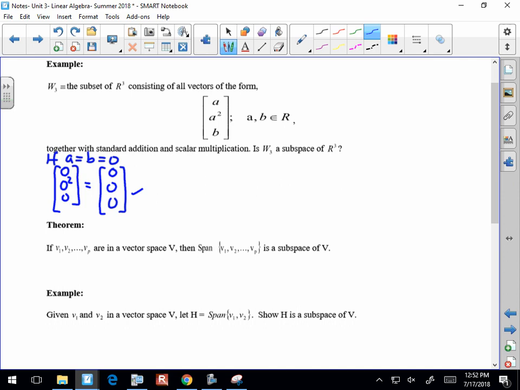I'll do the scalar next. If I take some value C, does C multiplied by an element of W3 still belong to the set, in which case I'd get CA, (CB) squared, CB.